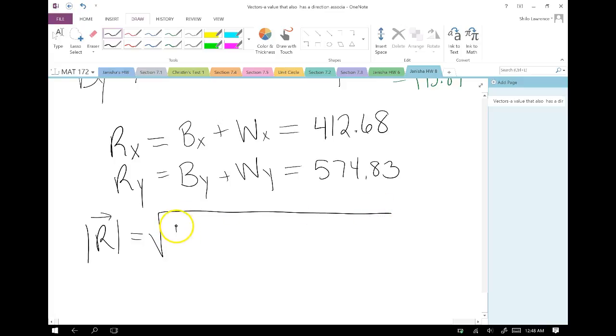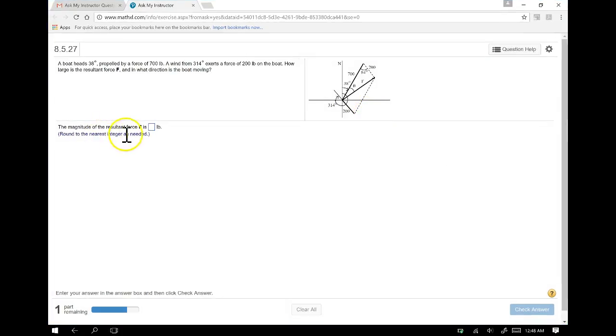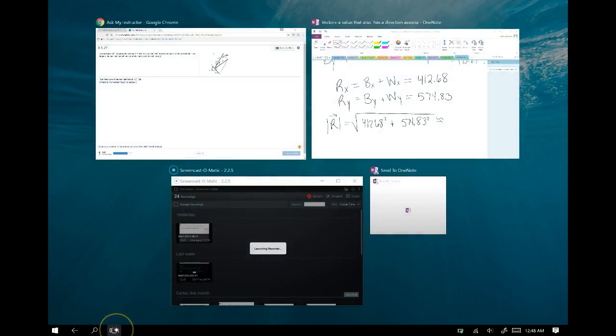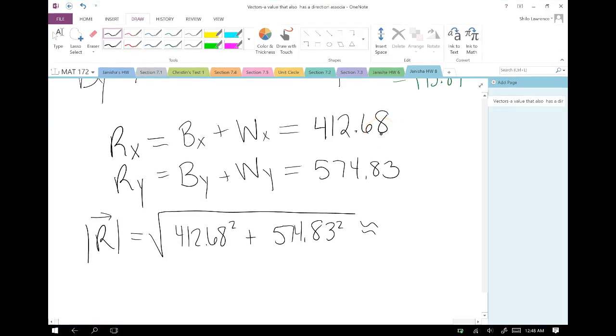Magnitude is Pythagorean theorem. And they did say that we can give this answer back to the nearest integer. And I got 708.